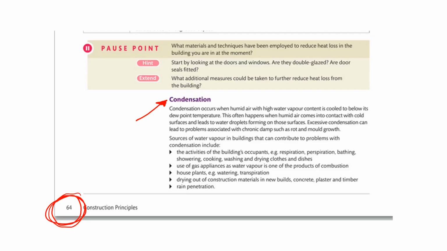Highlight to a client the reasons or the causes of why the condensation has happened. So you need to be able to recall that information and say, well, the activity of the building's occupants, what's going on there, what about the different types of appliances, gas appliances, etc., drying out construction materials, new builds, concrete, plaster, and so on and so forth.